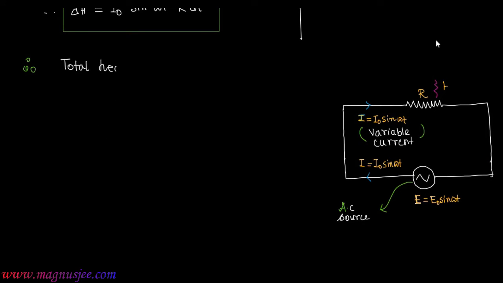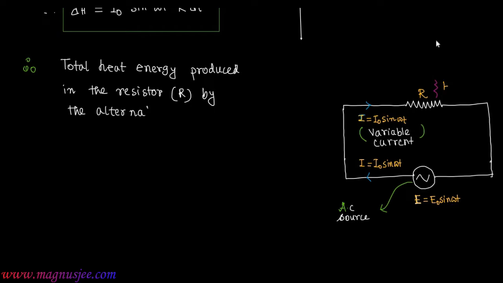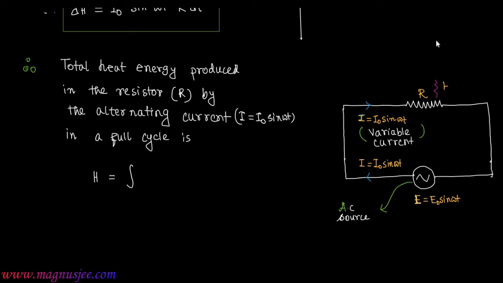Therefore, the total heat energy produced in the resistor by the alternating current in a full cycle is given by H equal to the integration of dH from 0 to T.